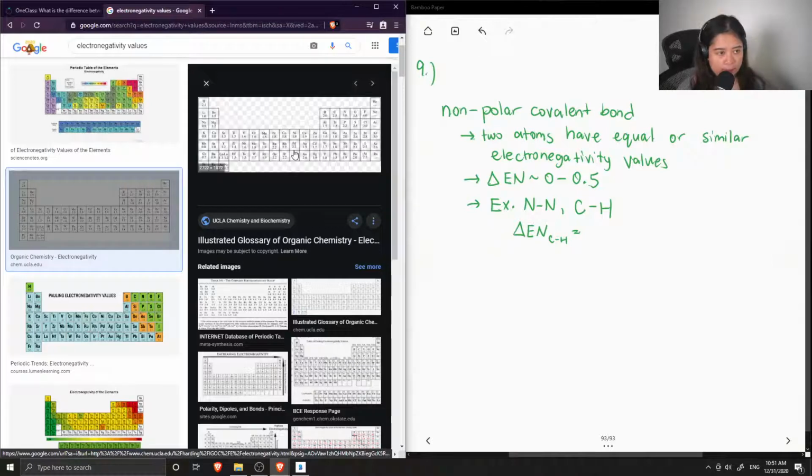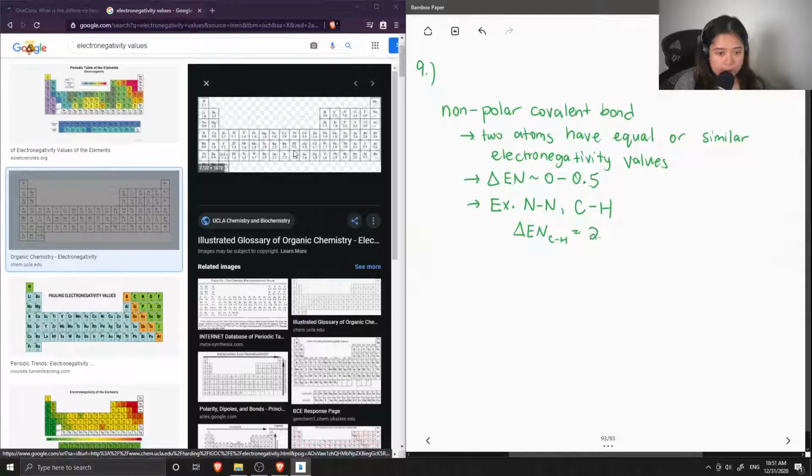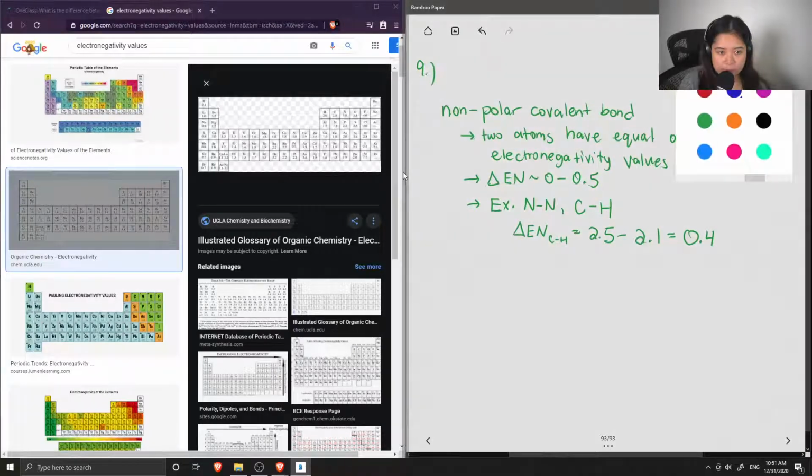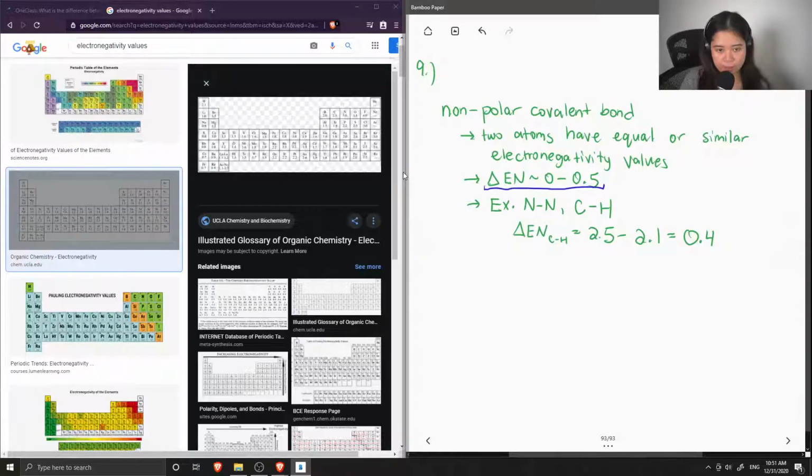And you'll see that carbon has an electronegativity value of 2.5, and hydrogen has an electronegativity value of 2.1. So the difference between the two is only 0.4. So this lies in the range of 0 to 0.5. So that makes our carbon-hydrogen bond a nonpolar covalent bond.